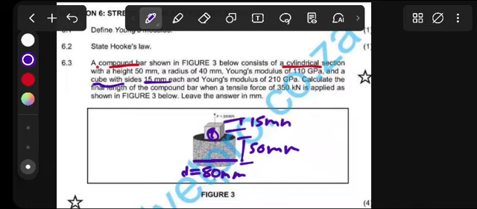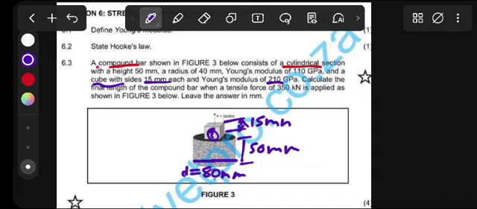The Young's modulus of this one is 210 gigapascal.